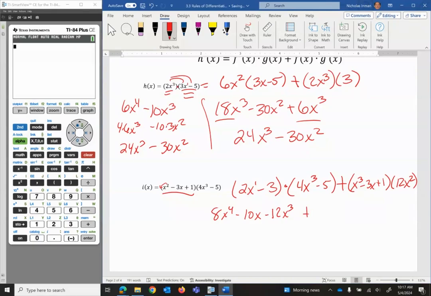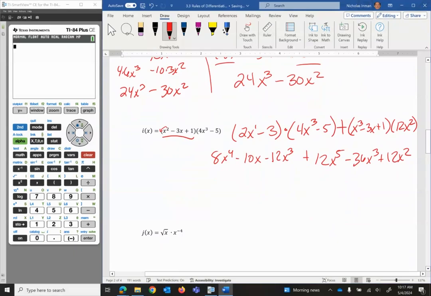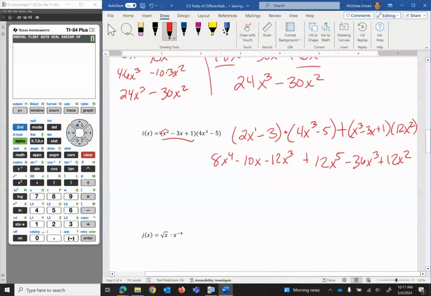X cubed times 12x squared would be 12x to the fifth. 36x cubed plus 12x squared. Combine some like terms if we can. All right, so we have what? 12x to the fifth, 8x to the fourth, some cubes will combine.